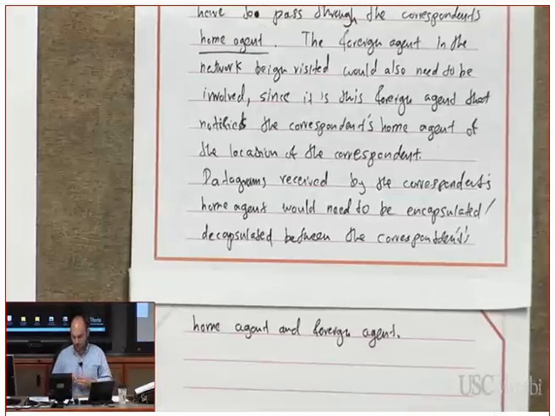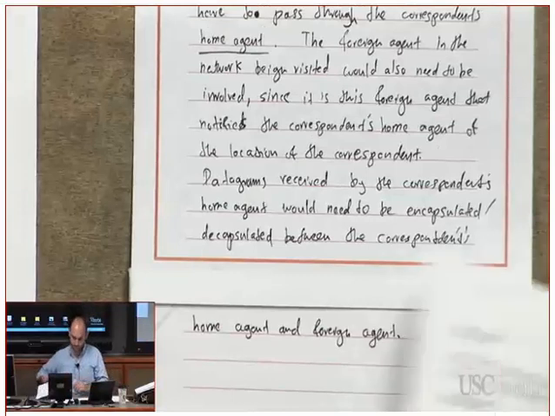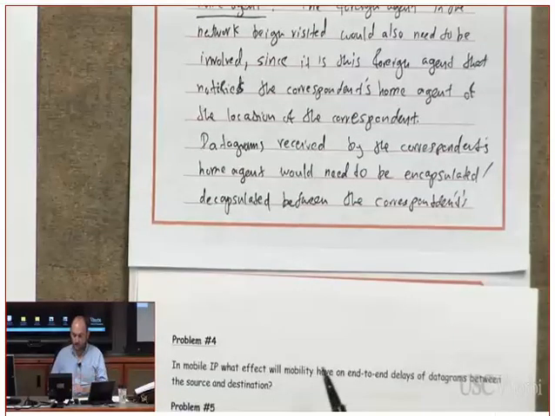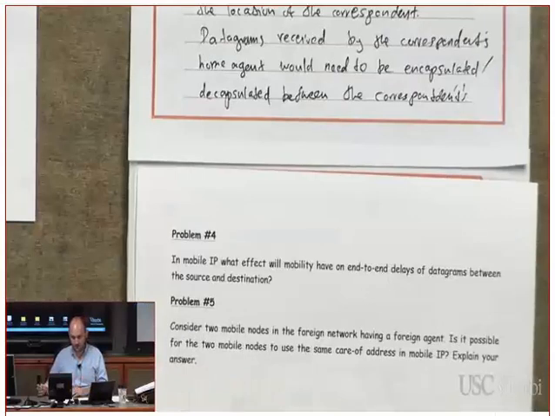Think about that. Let's see this example over here. Care-of address. So we are talking about over here, and they both use the same care-of address. Is that possible? You say it is. Any other opinions? No. And why is it not possible?